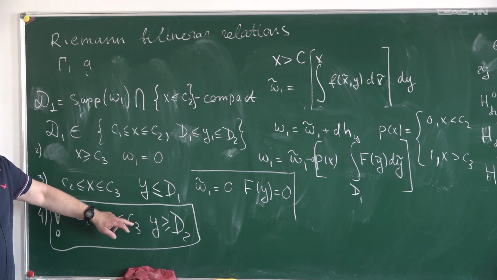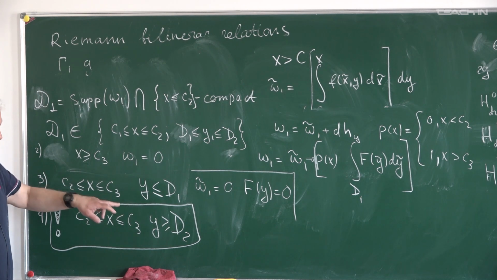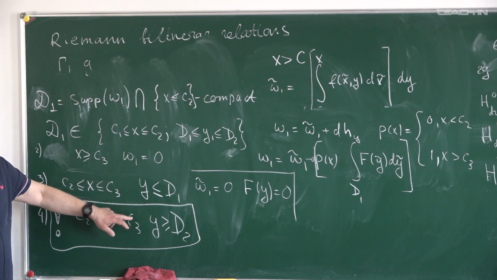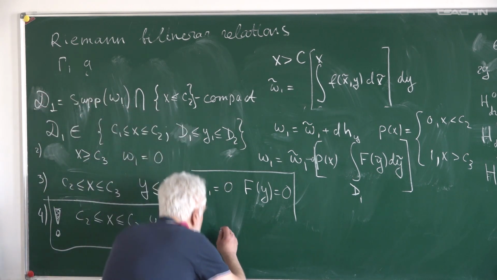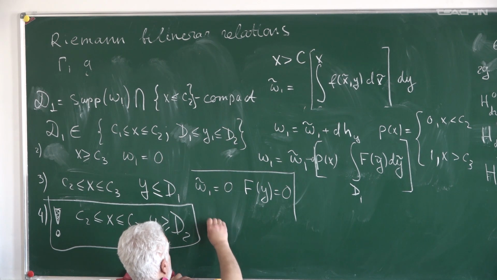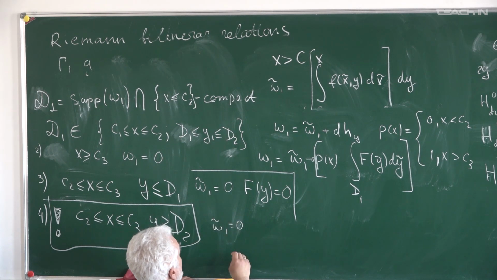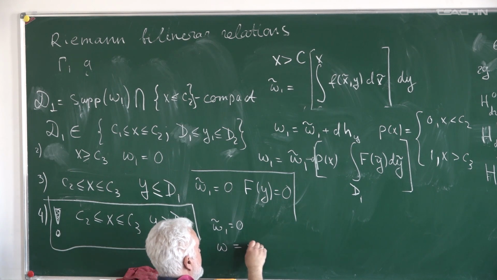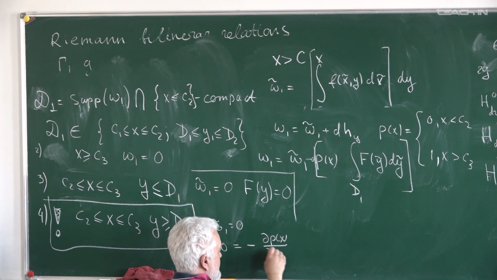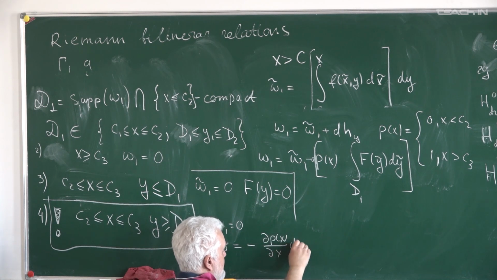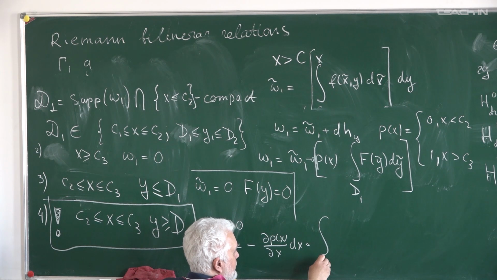In this area, omega 1 tilde is 0. Here, what in this area? It's 0, and omega is minus times integral.